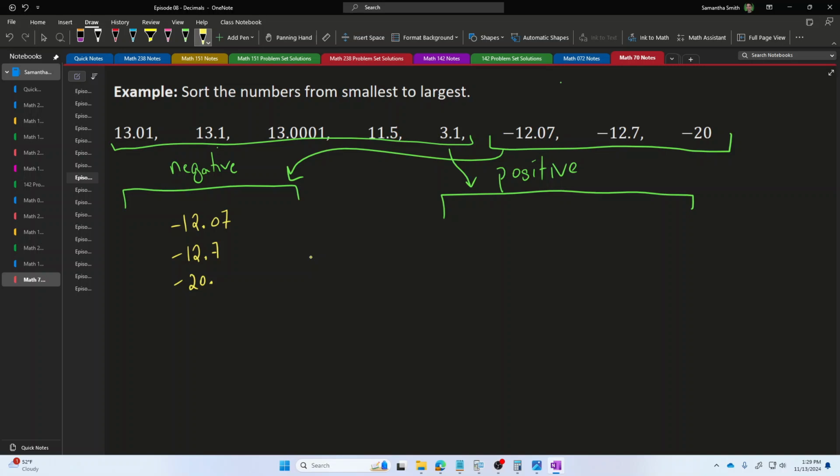I'll sort those. And then separately, I will sort the positive values. So I will sort 13.01, 13.1, 13.0001, 11.5, and 3.1.